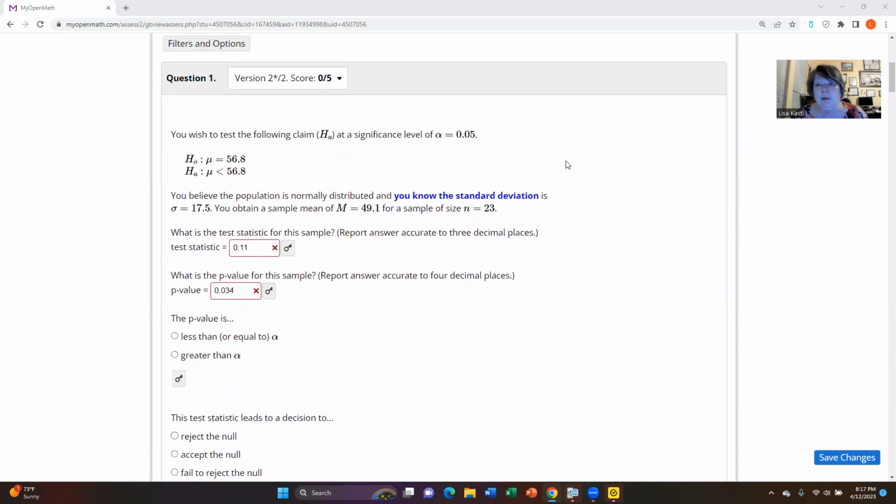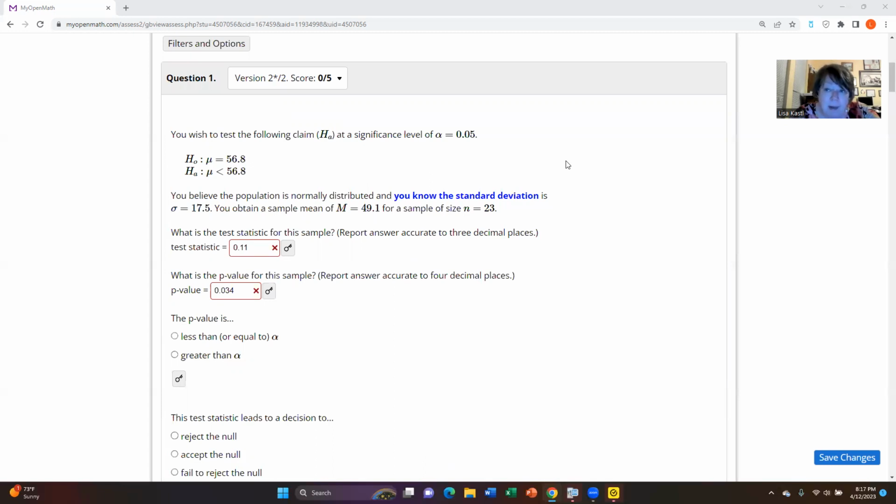Problem one, they do give you the null and alternative hypothesis. The null hypothesis says that the mean is equal to 56.8, and the alternative is that the mean is less than 56.8. Every alternative hypothesis is either less than, greater than, or not equal to.